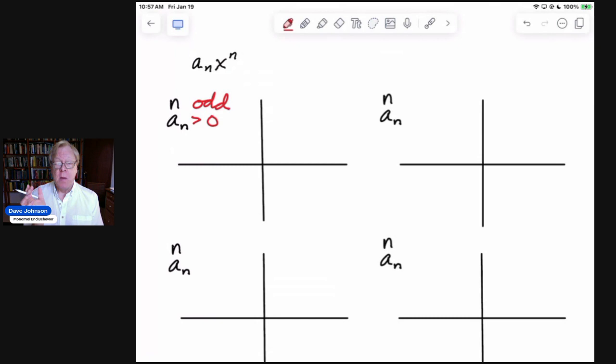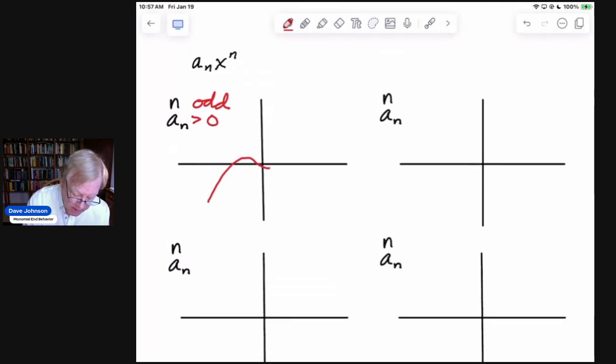But for polynomials in general, we may end up having some turning points or other behavior in between. I represent those with what I sometimes describe to my students as squiggles, but they are turning points of the polynomial. And the higher the degree of the polynomial, the more turning points there are.